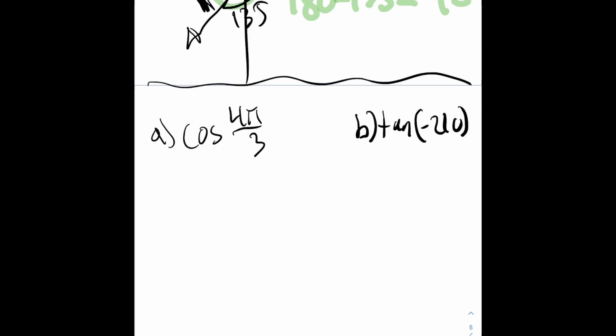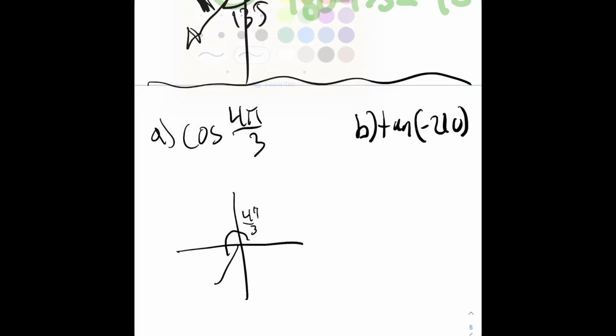So to find this trig function, I know that 4 pi over 3 is going to be in quadrant 3. So this gives me 4 pi over 3, which means my little reference angle over here to get back would just be pi over 3.